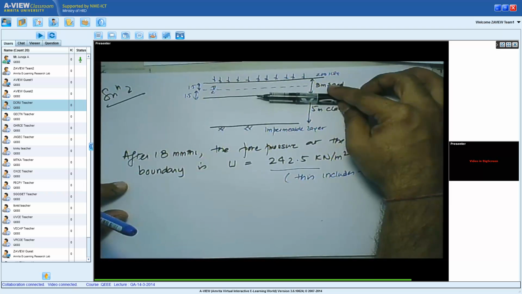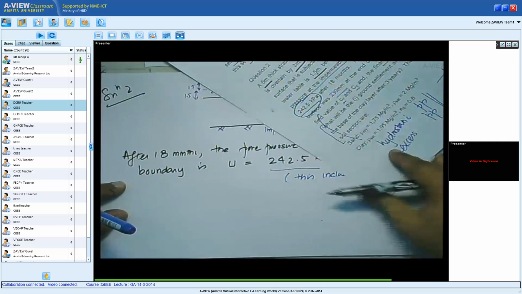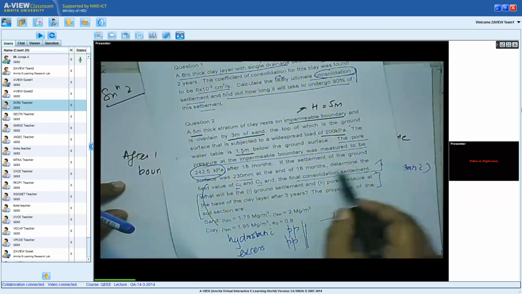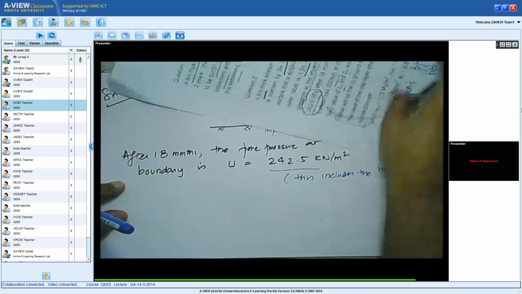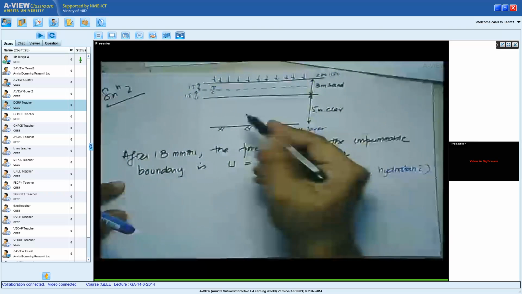So at the end of 18 months, the clay would have settled by 230 millimeter.